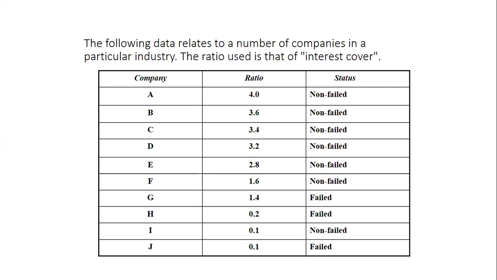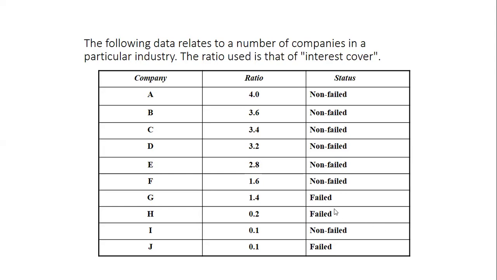And in research, someone picked the interest cover ratio, which shows how much your profit can pay off your interest expense. Usually they use your profit before interest and tax, and then they see how many times it can pay off your interest on your loans.